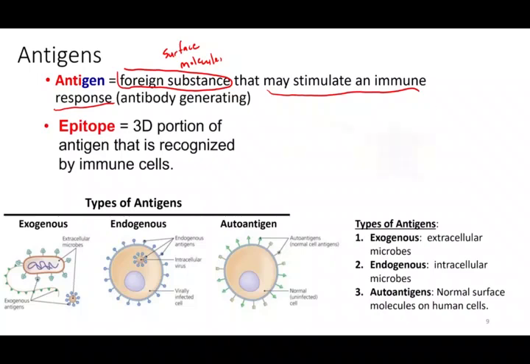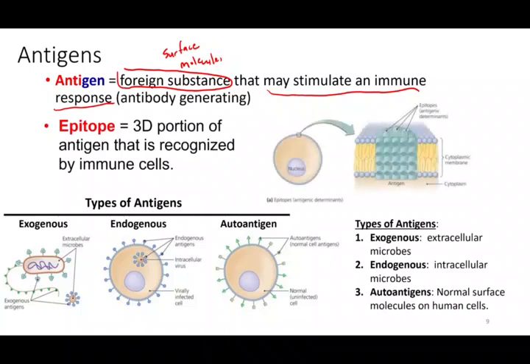It turns out, and this picture shows it, that the antigen is the entire molecule that we're talking about. And it turns out that our immune cells can't bind to and recognize the whole molecule all at once, but instead recognize unique three-dimensional portions of the antigen.